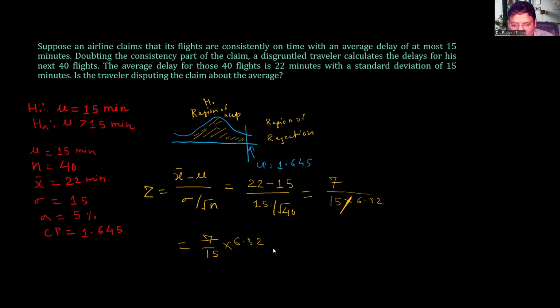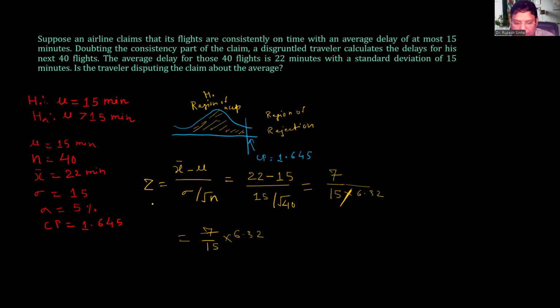So the Z calculated value, what we calculated right now, goes in the region of what? Rejection. You can see it clearly. It goes in the region of rejection, right?